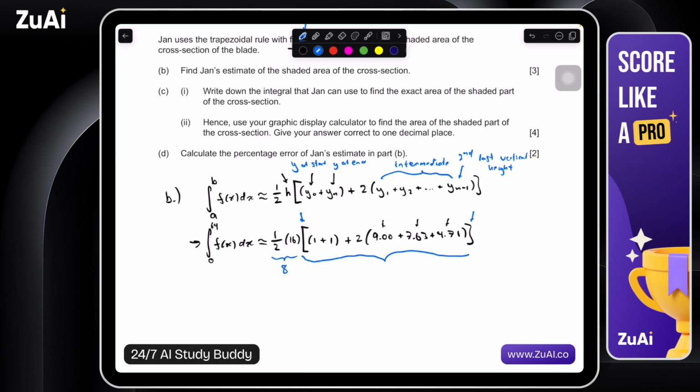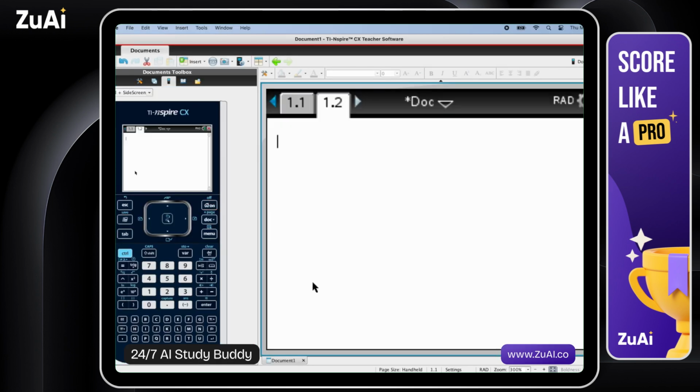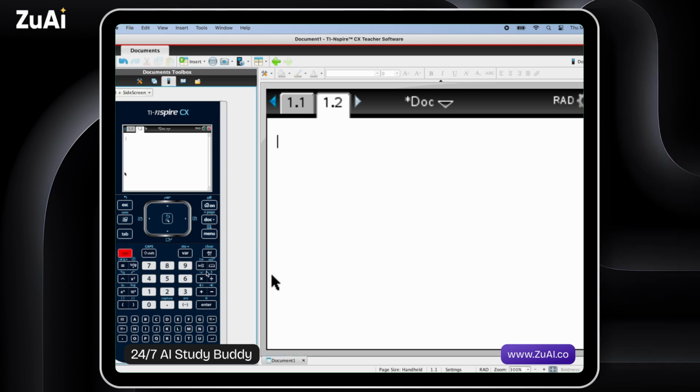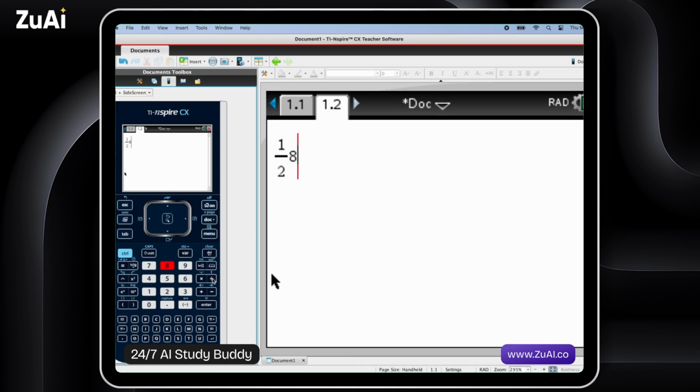All right, so let's go to the calculator and work this out. All right, gonna get a new screen, and let's plug this in. So I'm gonna write it exactly as it is. This is going to be 1/2 times 8. And then let's open up a double bracket because we want to multiply everything. And this was 1 plus 1.